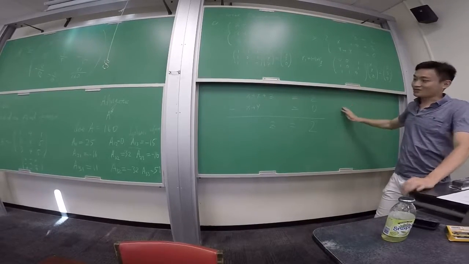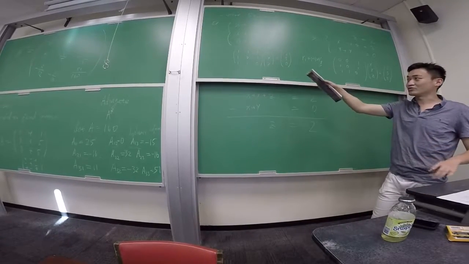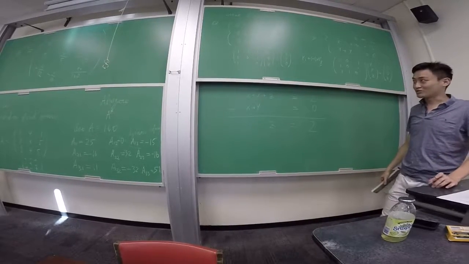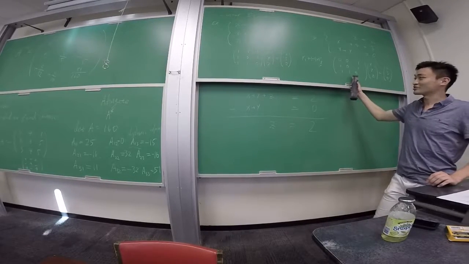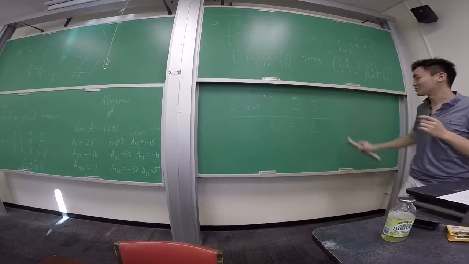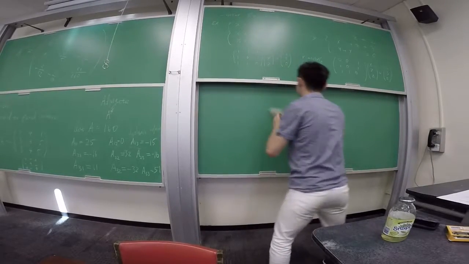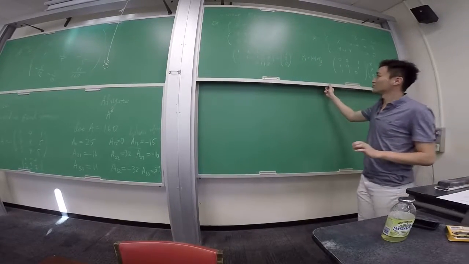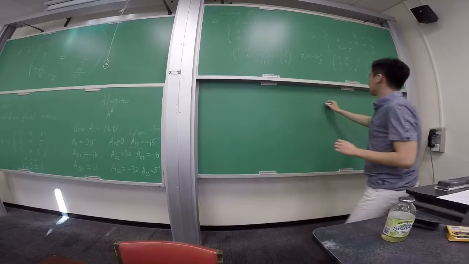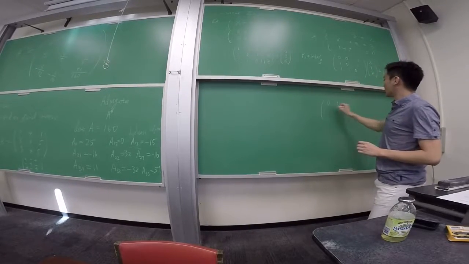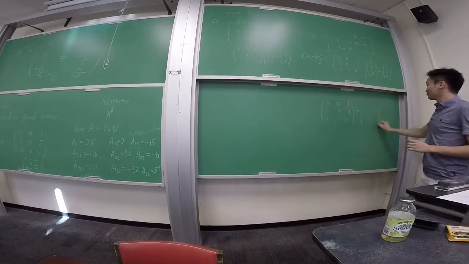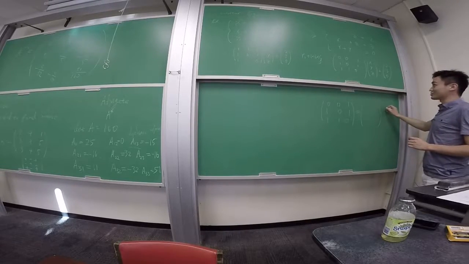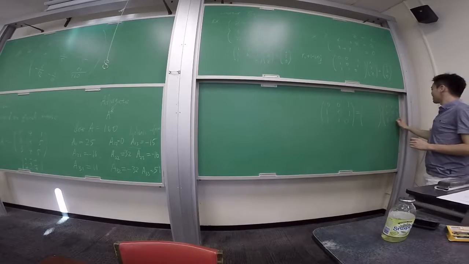And there's also another point of view: if you do row transformations, that is equivalent to, say, left multiplying a matrix, right? So how do you get this matrix from that matrix? By left multiplying something. Can anyone tell me that? Okay, so what is this matrix equal to? 0, 0, 1, 1, 0, 1, 1, 1, 0 is equal to what matrix times 1, 1, 1, 1, 0, 1, 1, 1, 0?